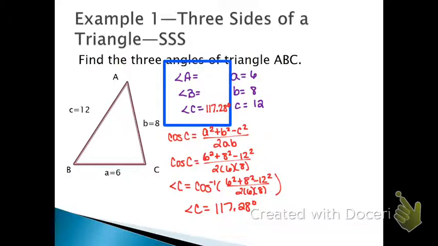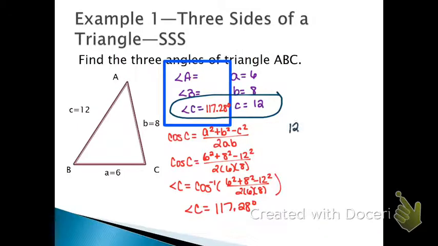We can use our law of cosines, but look, guys, what do we have right there? I have an angle and the side across from it. So what can we switch to? We can switch to the law of sines if you want to. You want to do law of sines or you want to use the law of cosines? Okay, that's what I figured. Y'all usually like that better.